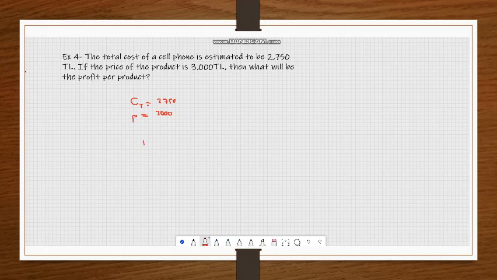So we know that price is equal to the total cost plus the profit.